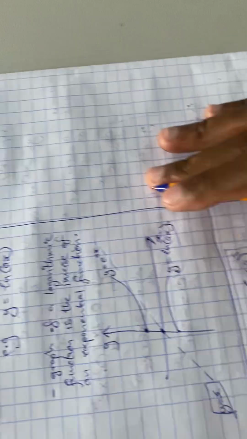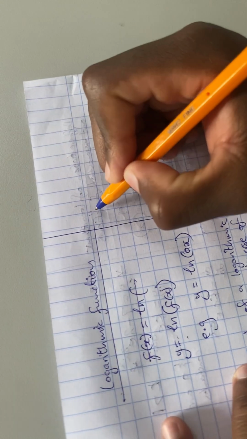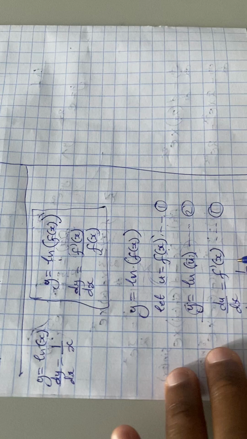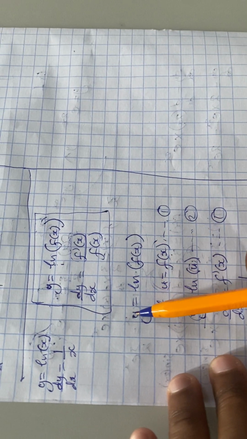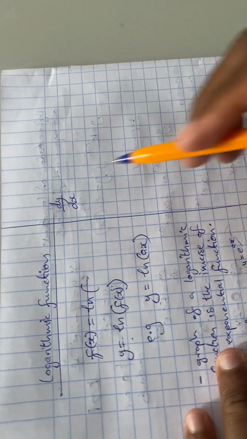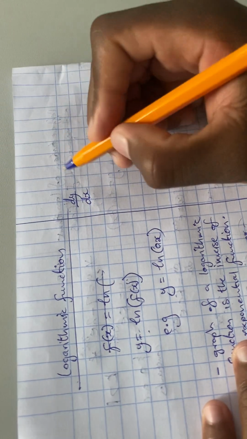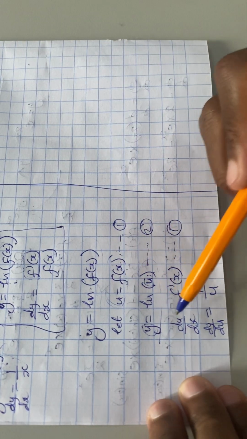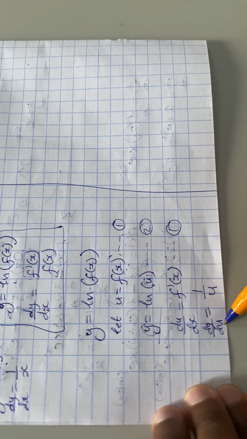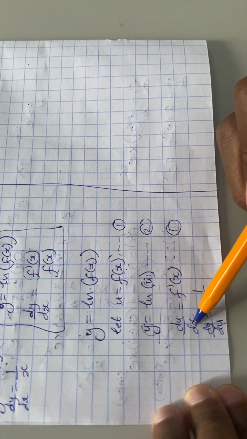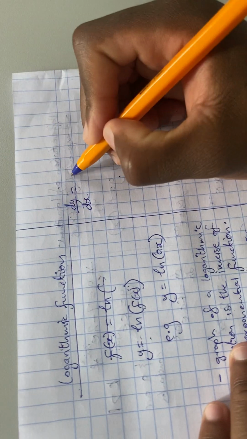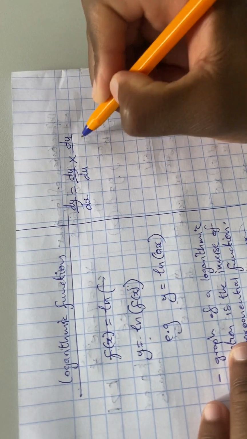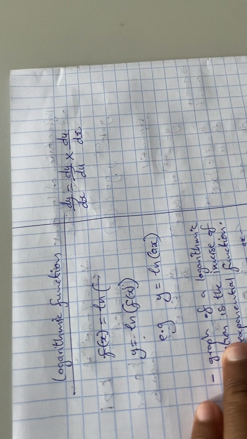Now, in order for us to find dy/dx, because remember, our original function is given in terms of y and x, we want to find dy/dx. Our dy/dx is going to be equal to dy/du multiplied by du/dx. This is the chain rule, right?